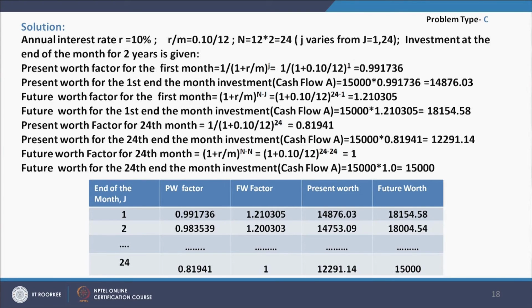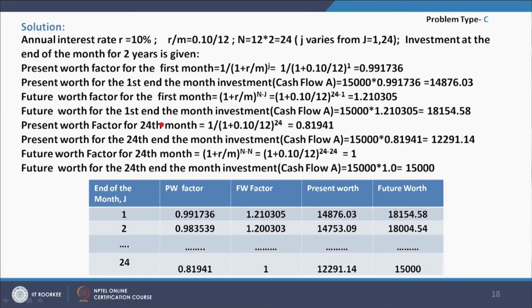Now, the annual interest rate is 10%. So, R by M is equal to 10 divided by 12. N is 12 into 2, 12 is the months per year and 2 is the years. So, it is 24. So, my J varies from 1 to 24. Investment at the end of the month for 2 years is given.